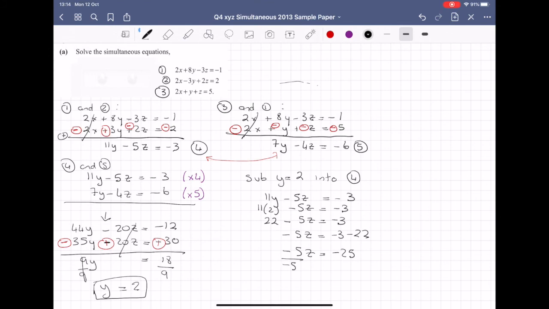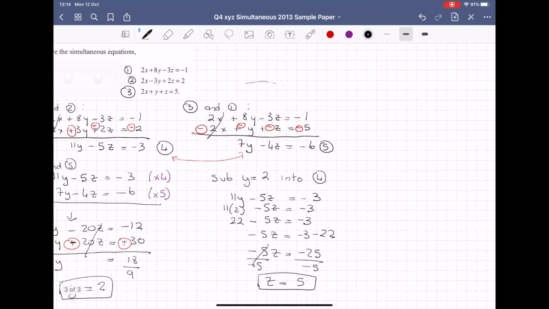Divide both sides by the number in front of z. z is equal to 5. Okay, so now I have my y, now I have my z. So I can go to either 1 or 2 or 3 and sub in my y and my z and find the first letter that I cancelled, which was the x's.